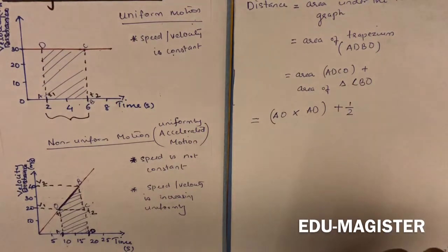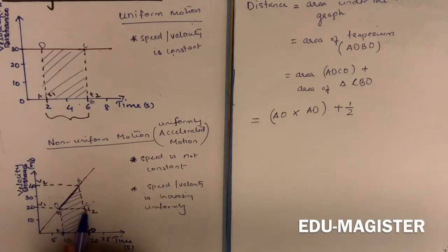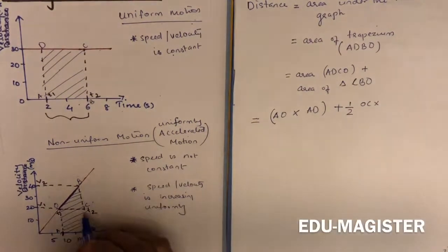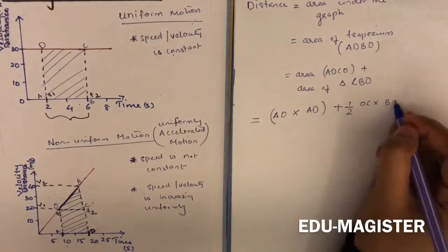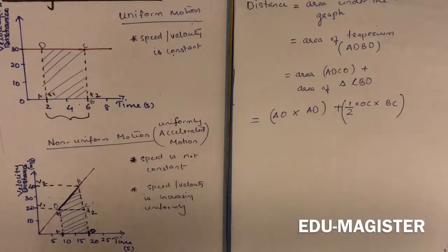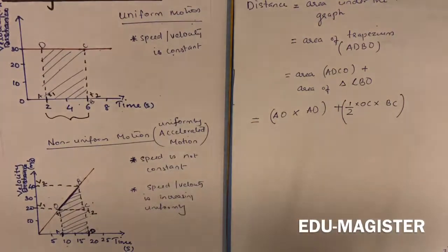I hope you remember the formula for the area of a triangle: half into base into height. Here let's consider this as base and this as height. So it is half into OC into BC, where BC is the height. By finding those values and substituting them in this equation, we can find the distance covered.